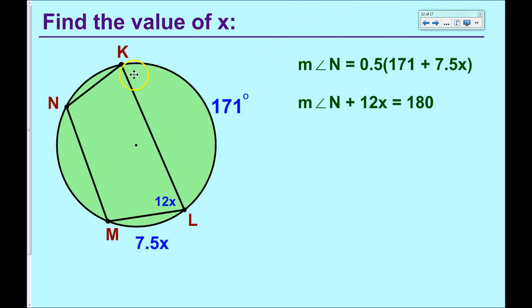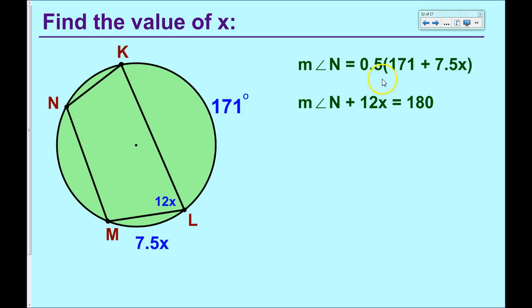Now what you'll notice about this arc KLM is that it is associated with this inscribed angle KNM. So the inscribed angle n is associated with this arc, 171 plus 7.5x. So you know that the sum of these two must be double the measure of that angle.